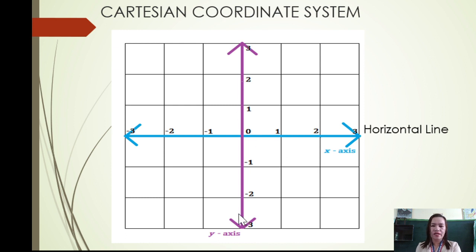And this one, the y-axis, is what we call the vertical line. When the x-axis and y-axis intersect each other, what will happen? It will form four regions, and each region is called a quadrant.